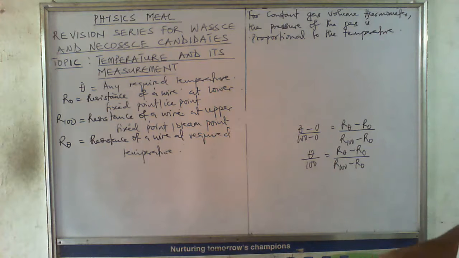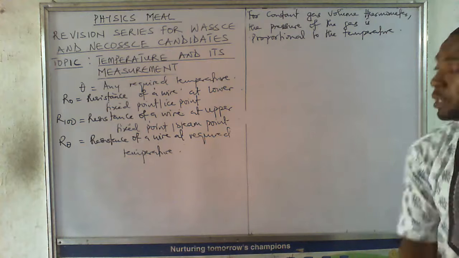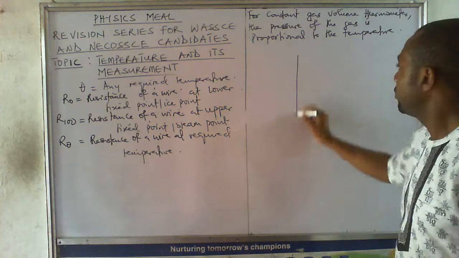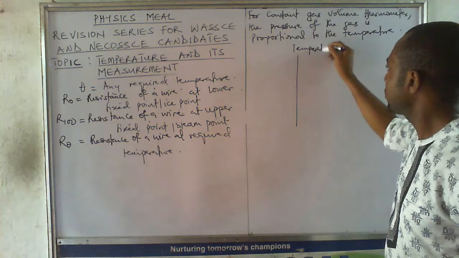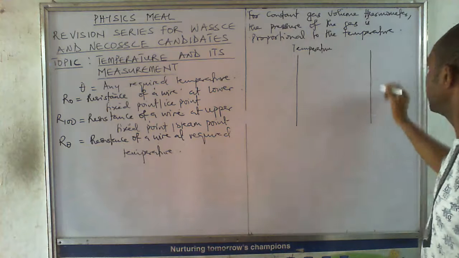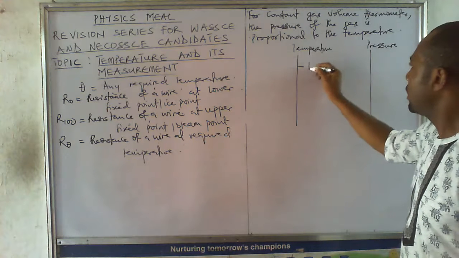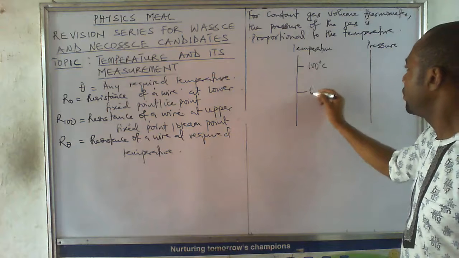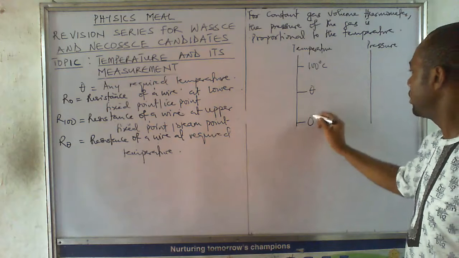So for a constant gas volume thermometer, the pressure of a gas is proportional to the temperature. If we use the same analogy, if this is the temperature side, and this is the pressure, we still have 100 degrees as the upper fixed point, any given temperature, and this is 0 degrees.